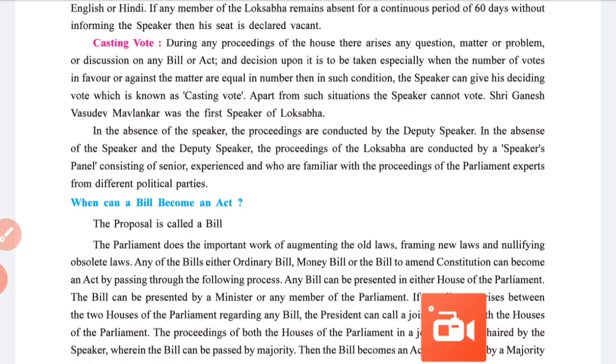So students, in today's video we have studied the Lok Sabha, Rajya Sabha, qualifications for the members of Lok Sabha and Rajya Sabha, then quorum, meaning the minimum members present in the House, then the casting vote. In the next lecture we will start the next point, when can a bill become an act.